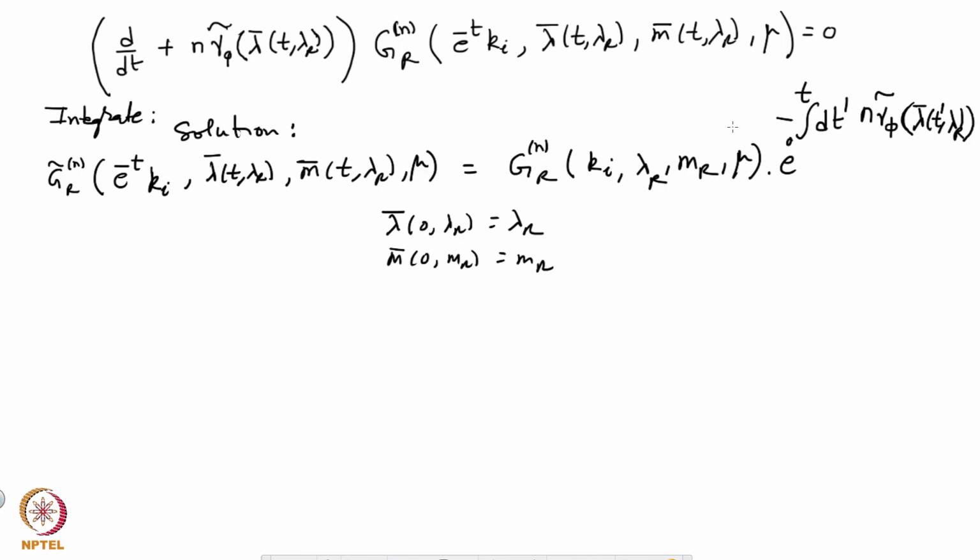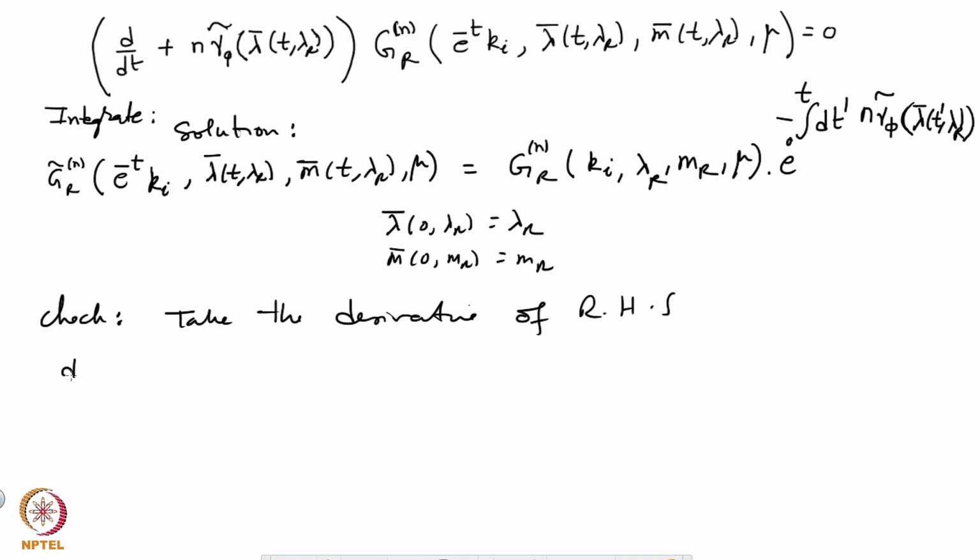Now let me first show you that if I take this and differentiate, this satisfies the above equation. So let's take a derivative of the right hand side. Okay, this does not depend on t.